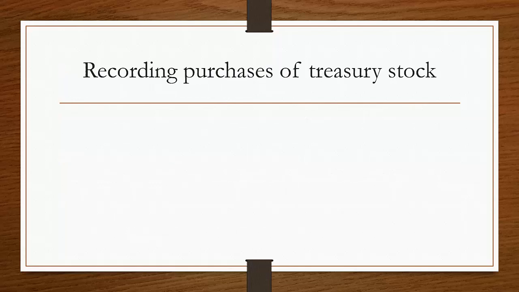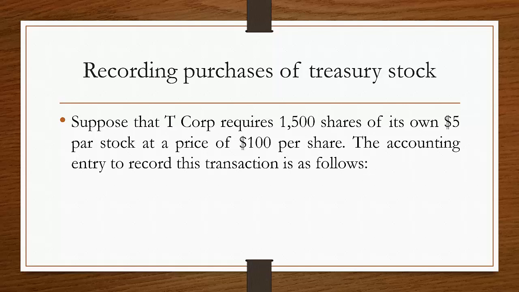Recording purchases of treasury stock, we can understand with the help of this example. This example will continue for other parameters regarding treasury stock transactions. Suppose that T Corporation acquires 1,500 shares of its own $5 par stock at a price of $100 per share.